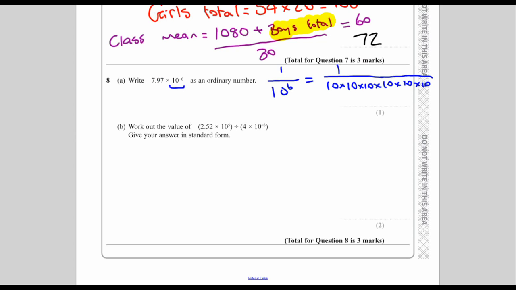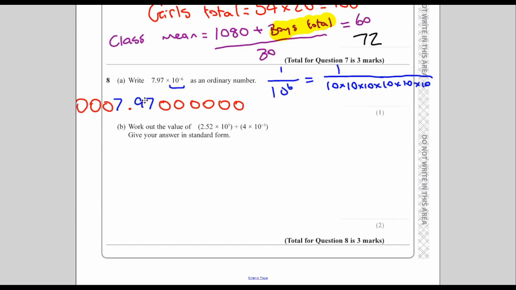Now what we're going to do is use placeholders. So we had 7.97, and 0, 0, 0, 0, 0, 0, and 0, 0, 0. Now we need to move this number. Every time you divide it by 10, you move it 1.